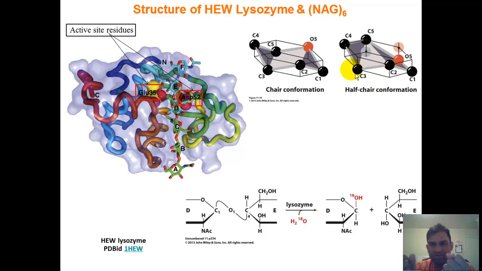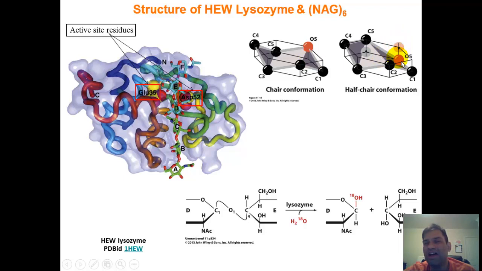Remember, these are sugars here, so they're going to have a cyclohexane ring. So here you see a chair conformation of these sugars, but to get it to actually cut at the cut site, it's going to need a half chair conformation. So here is our chair form of one of the sugars, and what we do in the half chair conformation is we take the oxygen and we push it down.